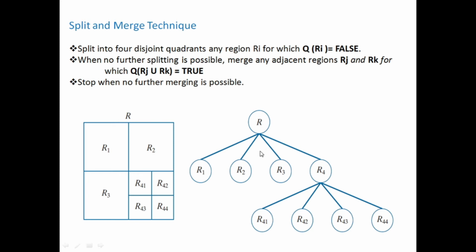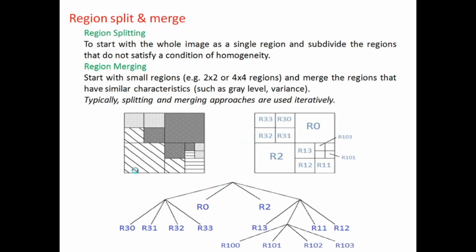Now I am going to start the merging technique. Merge any adjacent regions, say RJ and RK, when those two regions carry pixels that show the same or alike attributes among themselves. For example, you can see this is one region, indicated as R0, and this is R31.